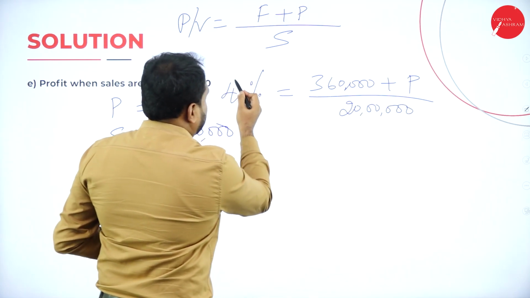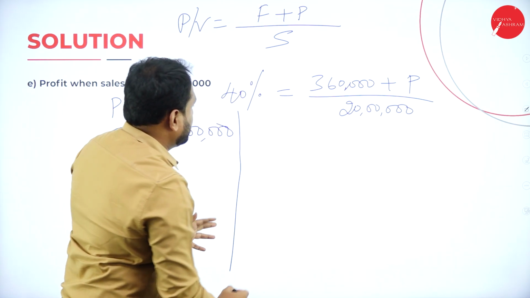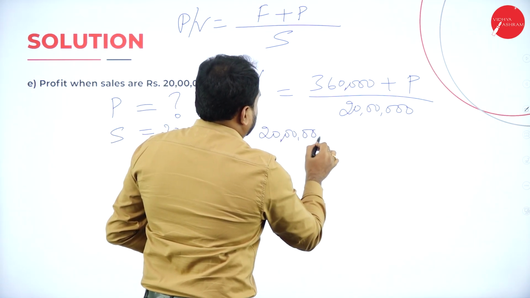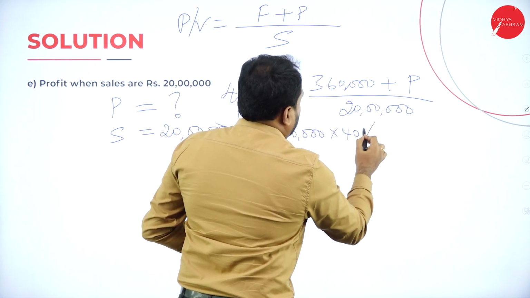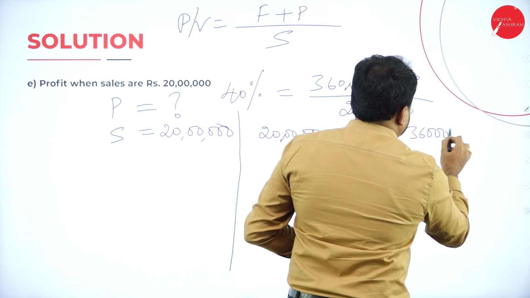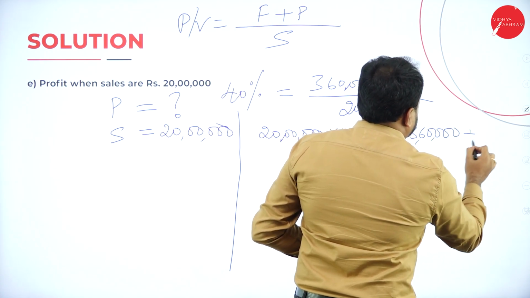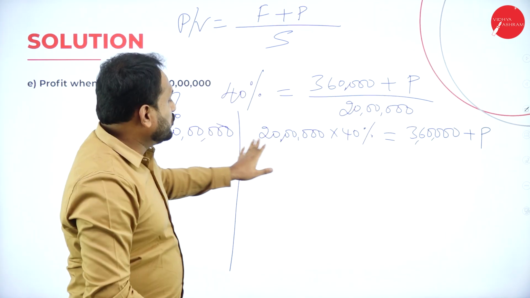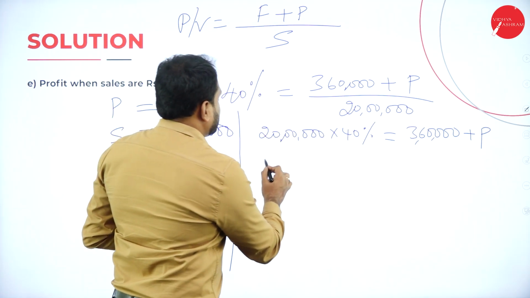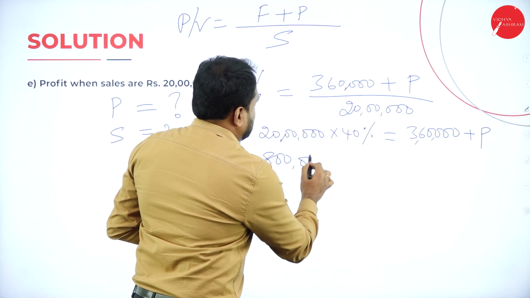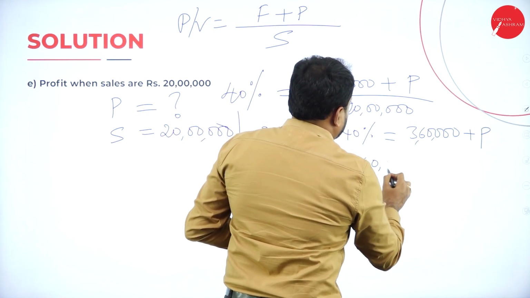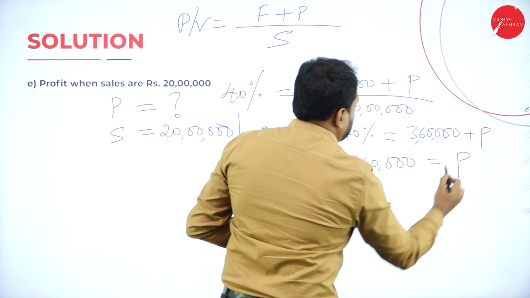So 20 lakh into 40% is equal to 3,60,000 plus P. 2 4s is 8. That means here 8 lakh. This 3,60,000 will come here, equal to profit.